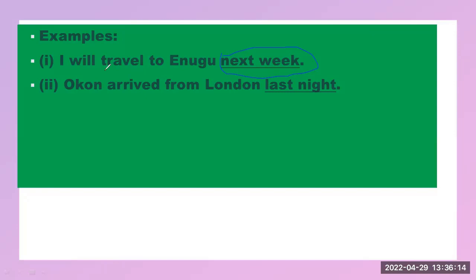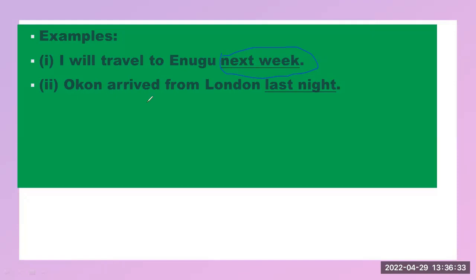If you say, I will travel to Enugu, and the listener asks, when are you traveling to Enugu? You say, next week. So next week is an adverb phrase of time. It tells us when the journey will take place.